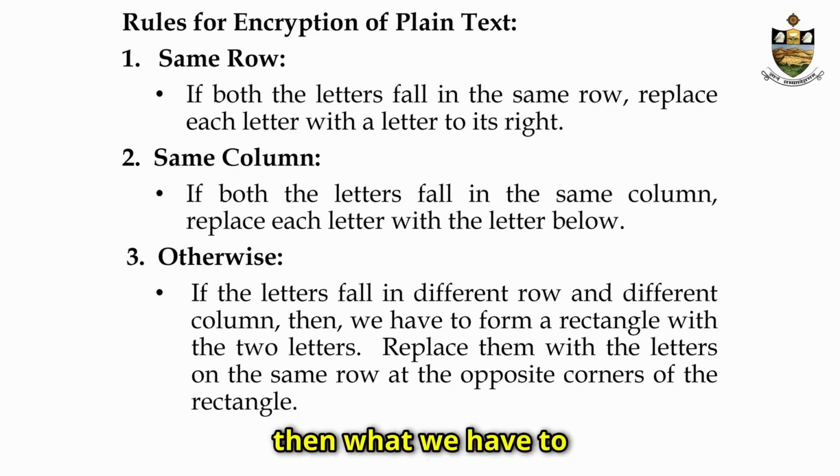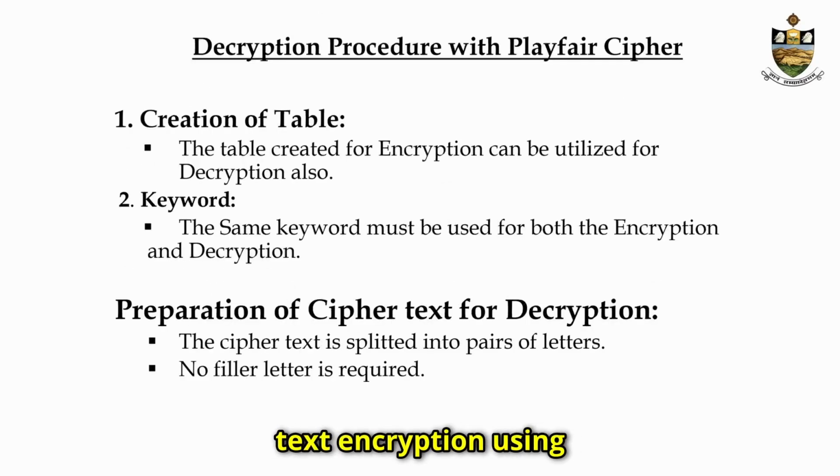Then we have to form a rectangle combining the two letters with reference to the 5 by 5 matrix, and the ciphertext of each letter is the opposite letter in the same row of the concerned pair of letters. So these are the rules for plain text encryption using the Playfair cipher.